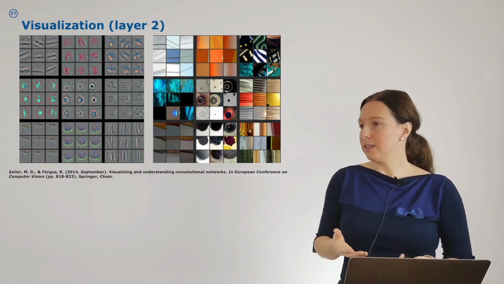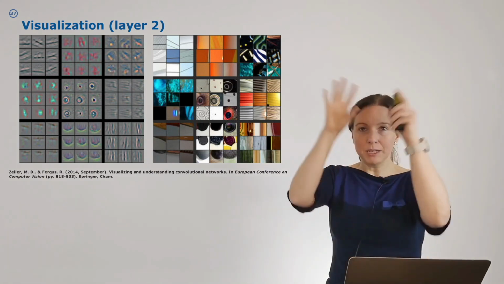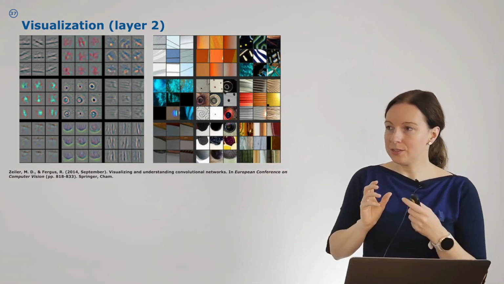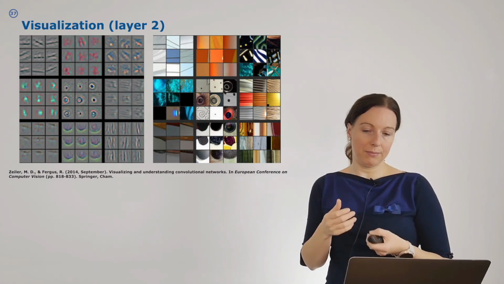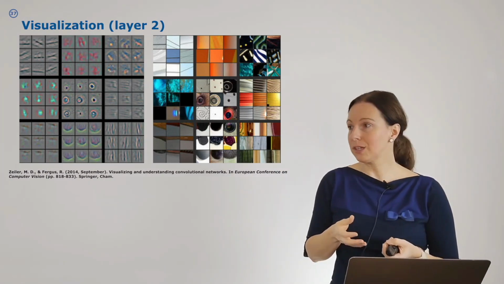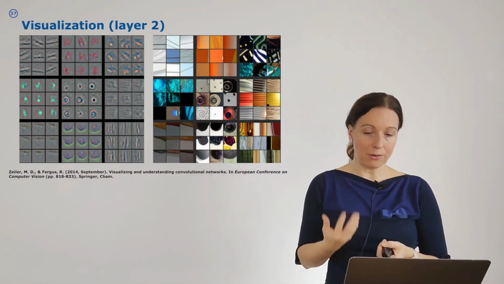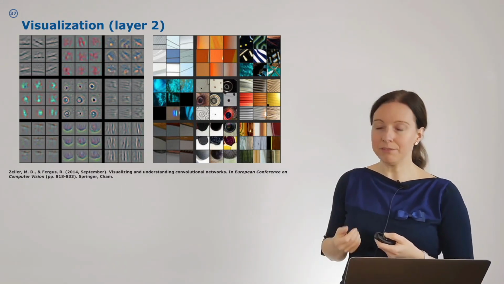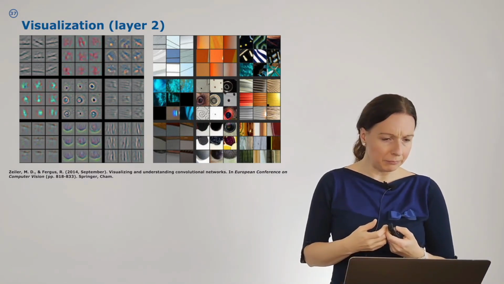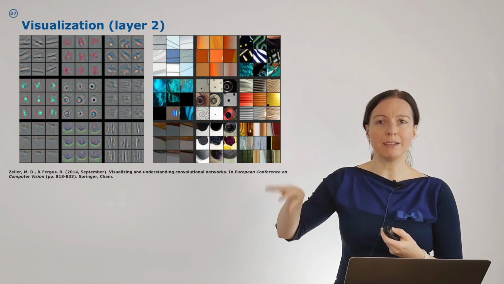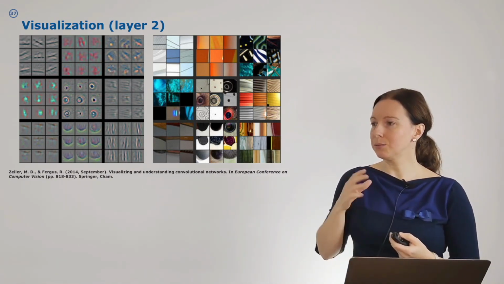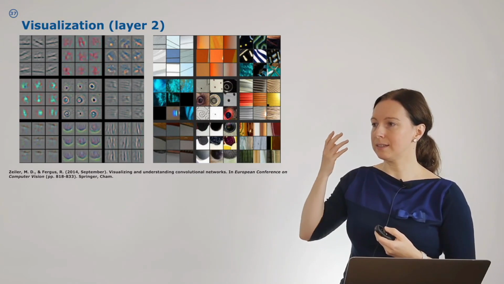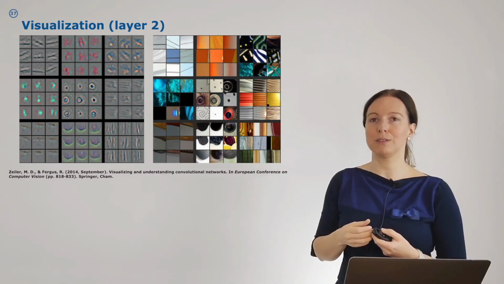In the middle of all these visualizations you can see circular structures, or horizontal line patterns on the bottom and top left, or some stripe patterns and so on. I think this is really nice to see what's actually learned.